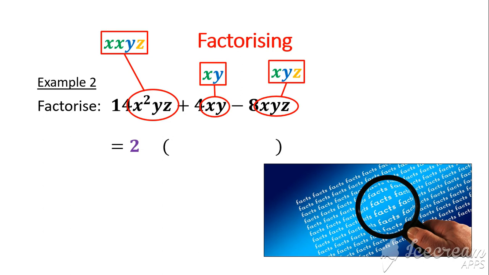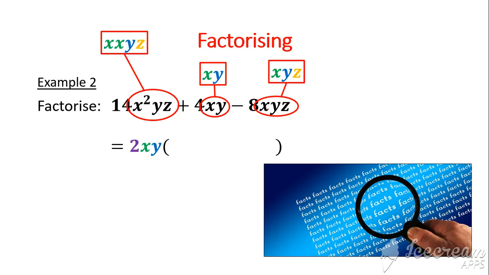And the expression xyz means a number x times a number y times a number z. Now, out of all these terms, can you see that they all have at least an xy in them? They all have x times y. So we're going to also take the xy out the front with the 2.